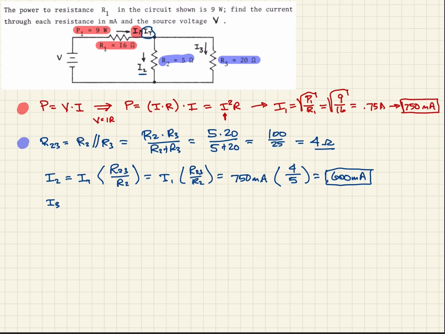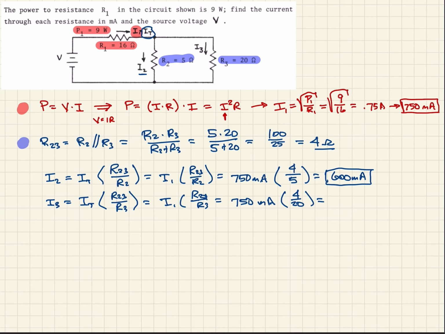Likewise, I3 is going to be I total, or I1, times R23 over R3. So again, it's going to be I1 times R23 over R3. And again, that's 750 milliamps times 4 over 20.